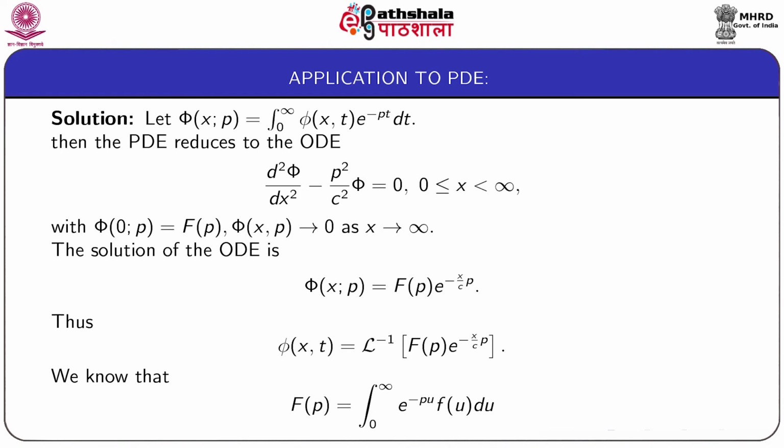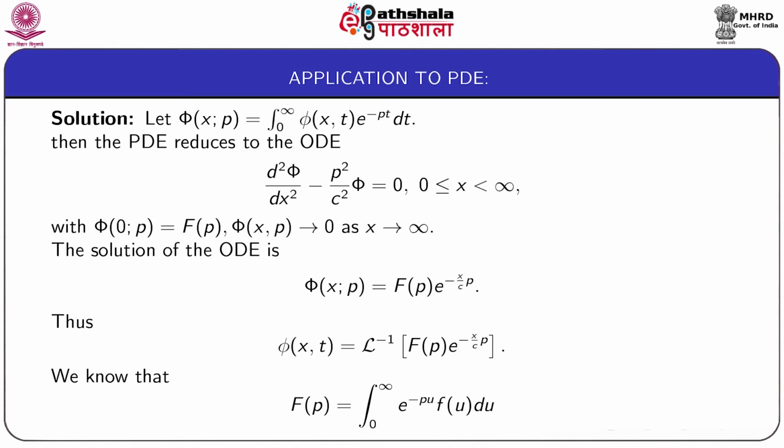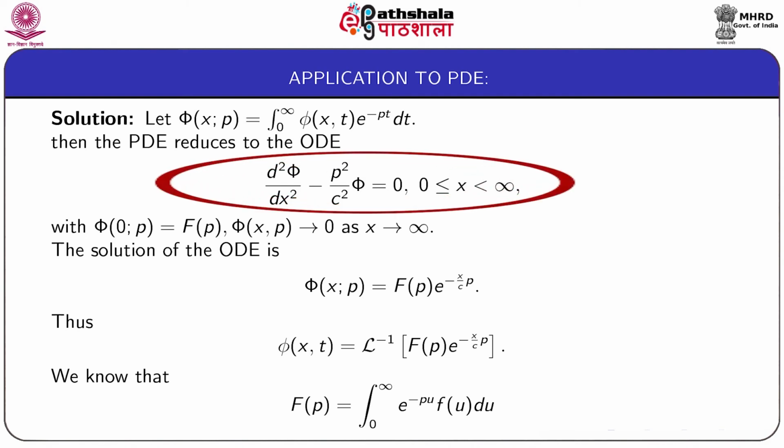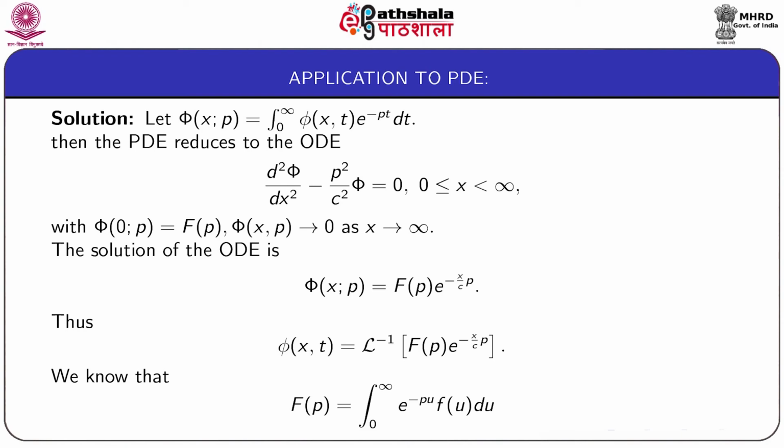So, if we multiply the given partial differential equation on both sides by e to the power minus pt and integrate with respect to t from 0 to infinity, this reduces to the ordinary differential equation d2 capital Phi by dx2 minus p square by c square capital Phi equal to 0, and x lies in the interval 0 to infinity.